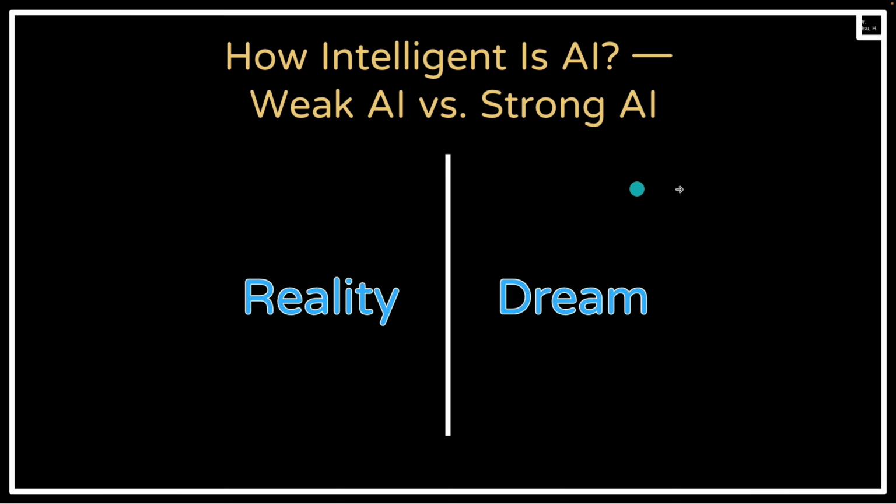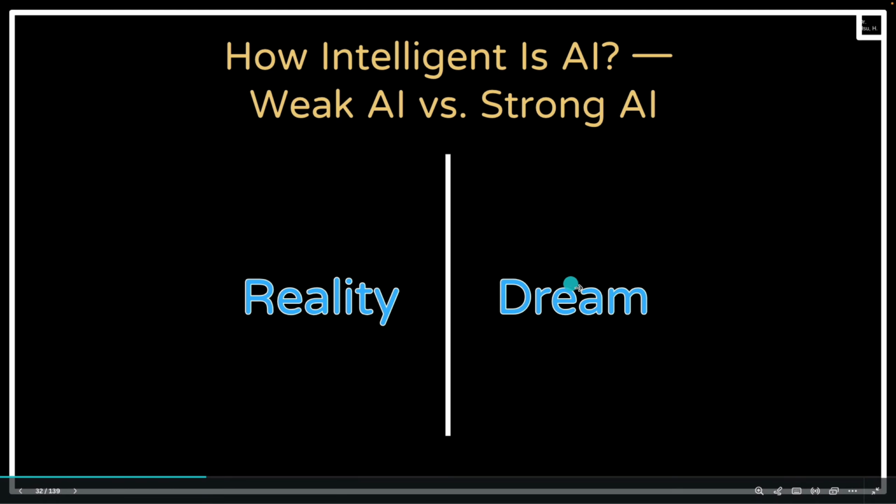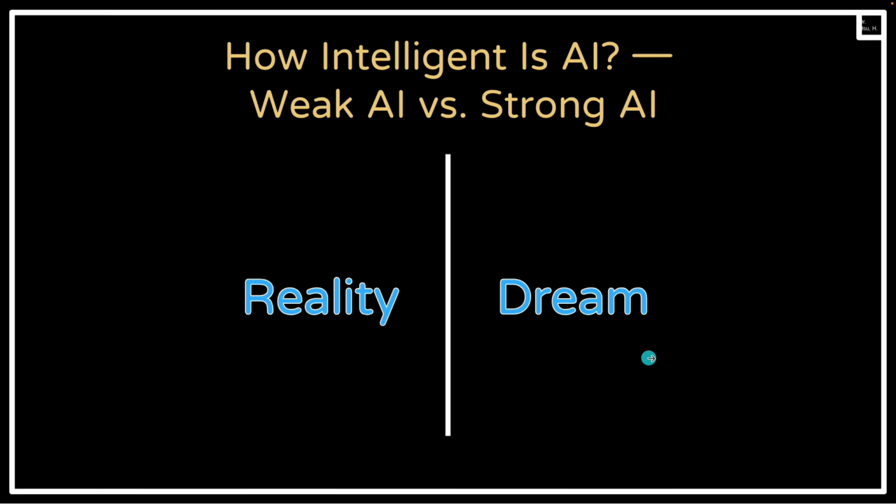Now, let's begin with the first big distinction: weak AI versus strong AI. Even if the text on the slide is simple, the contrast is powerful. You can think of this slide as pressing AI on a line between reality and dream. That is the right way to frame the discussion.